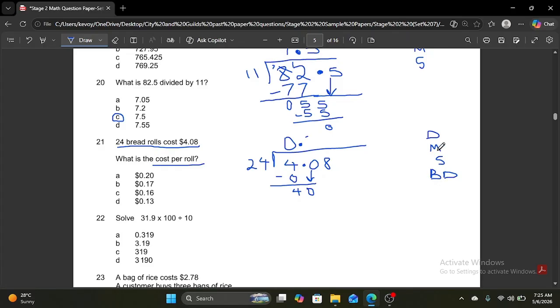Remember, after you bring down, you repeat the process. Repeating means you come back to divide. So that's the reason why. After I bring down the 0, how many times can 24 go into 40? That is just 1 time. So we'll repeat. After you divide and multiply, 1 times 24 is 24.